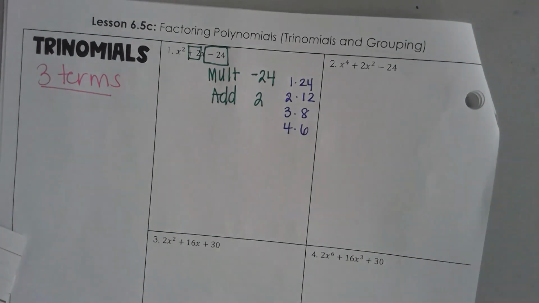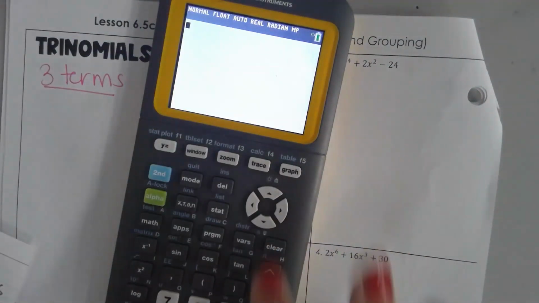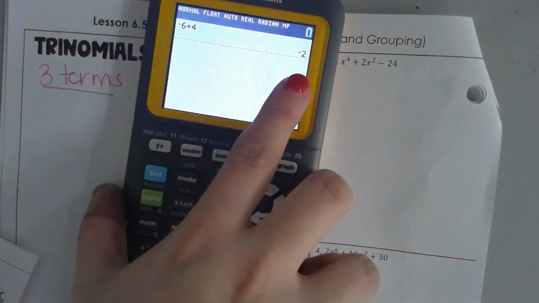So it's got to be a combination of those numbers. Because this is a -24, one of my 2 numbers has to be negative. So how can I make a combination where when I add them, I get +2? 4 needs to be negative. So if you do -6 plus 4, you get -2.